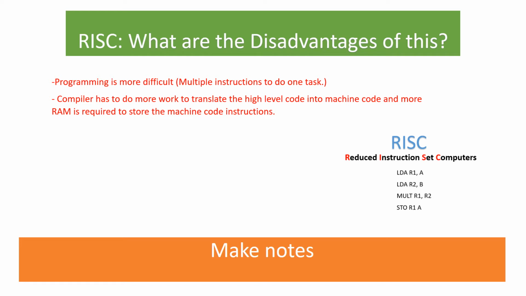That basically means the compiler has to do more work to translate our code into machine code because it's got all these different instructions. So more RAM is going to be required to store the machine code instructions. Imagine each of these instructions has to be stored in one RAM location, so we need 4 different locations here in RAM.